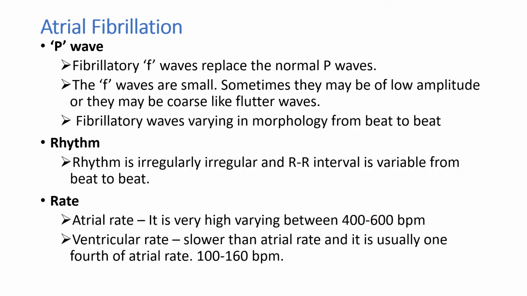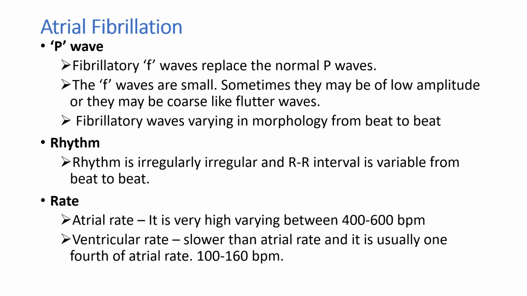In atrial fibrillation, fibrillatory waves replace the normal P waves. The fibrillatory waves are small. Sometimes they may be low amplitude or they may be coarse like flutter waves. Fibrillatory waves vary in morphology from beat to beat. Rhythm is irregular, variable from beat to beat.